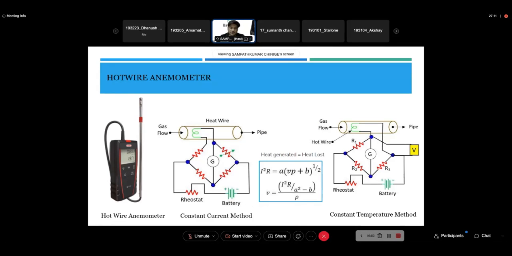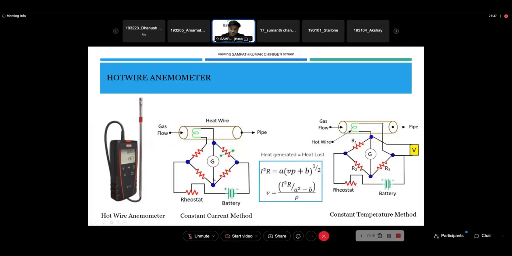Now coming to the working principle of the hot wire anemometer, we can measure the velocity of the flow with an anemometer using two methods: the constant current method and the constant temperature method. You can see a pipe through which the gas is flowing.